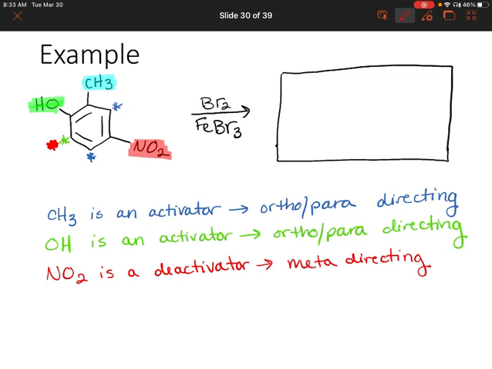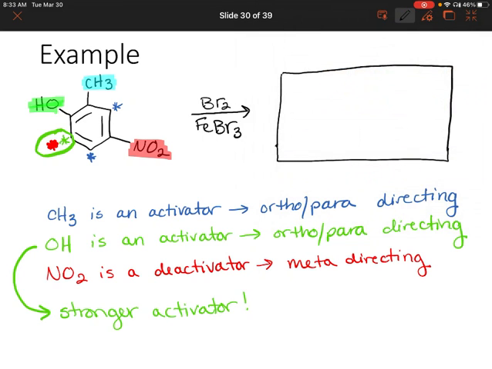The alcohol group. So that means bromine is going to add to the ortho position relative to the alcohol, and that's also the meta position relative to the nitro group.